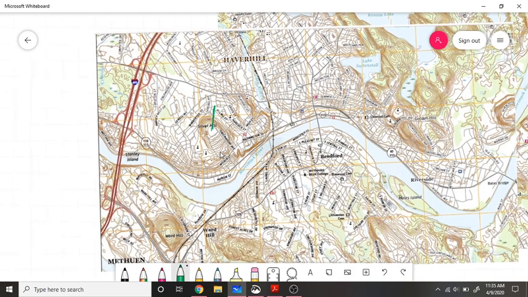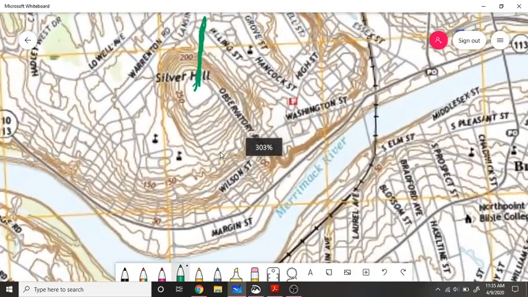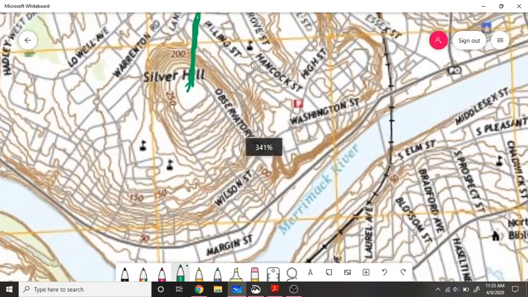You can see one side of the hill is very steep, and on the other side it increases gradually. I can tell that because my lines are far apart on one side and very close on the far side.